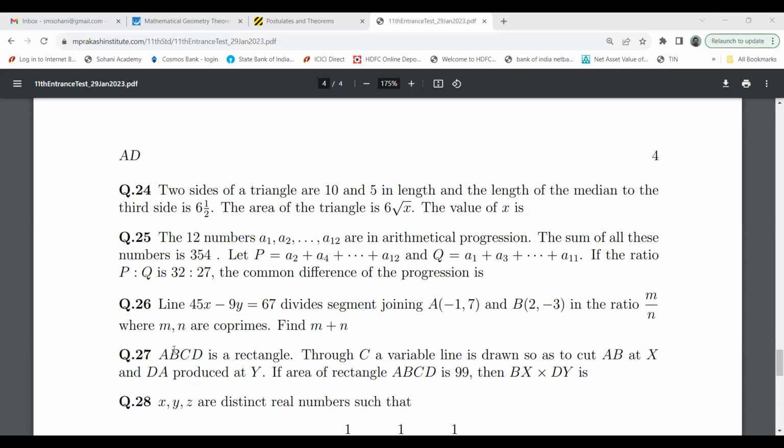P is equal to 192. What? How did you get 192? We have the ratio P is to Q is equal to 32 is to 27, right? But P plus Q will be 354. So 32x plus 27x will be 354, and we will get the value of x at that time.